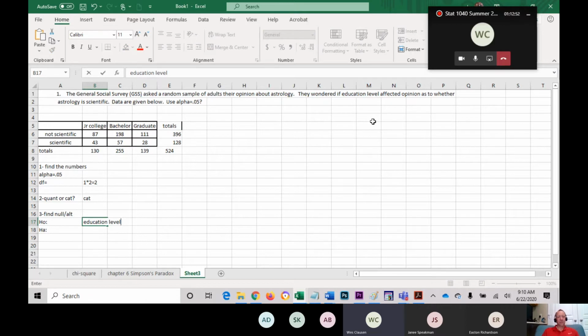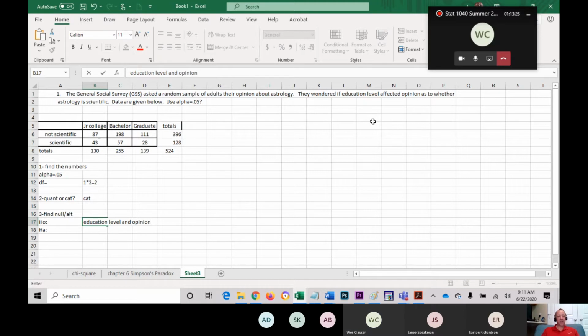So I guess the null would be education level does not affect the opinion of whether astrology is scientific. The two variables are education level and opinion.